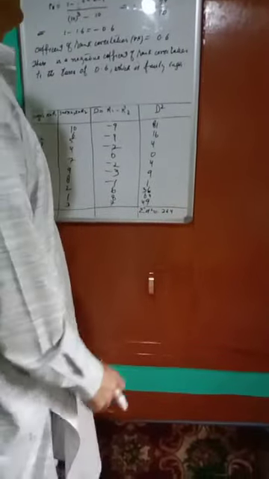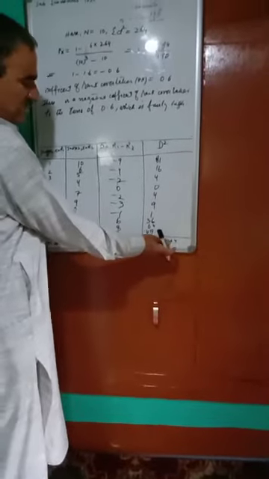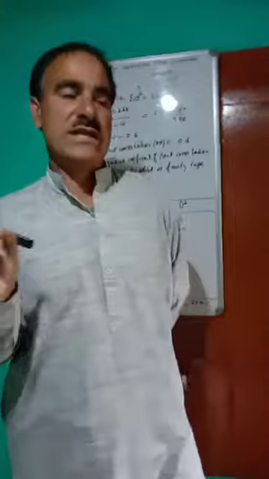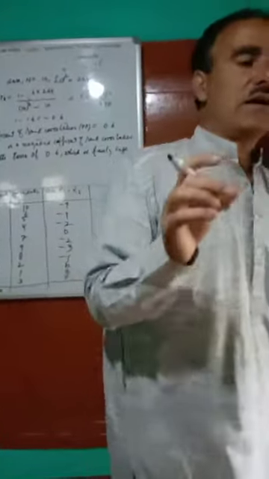As for the formula, we applied the values: total number is 10 and sigma d square is 264. Applying these values in the formula, we get the coefficient of rank correlation Rk of minus 0.6, which is negative and fairly high. Dear students, I hope today's lecture is clear to you.